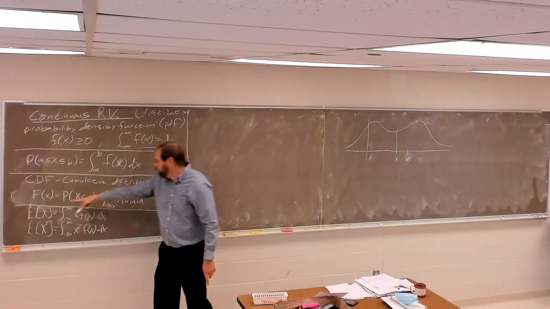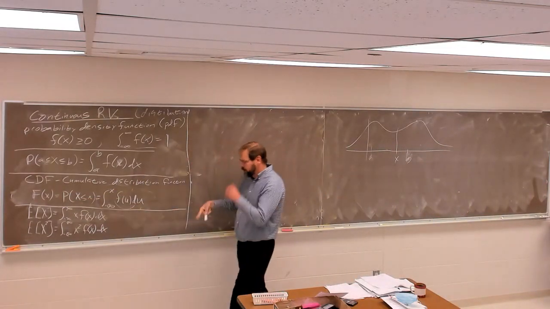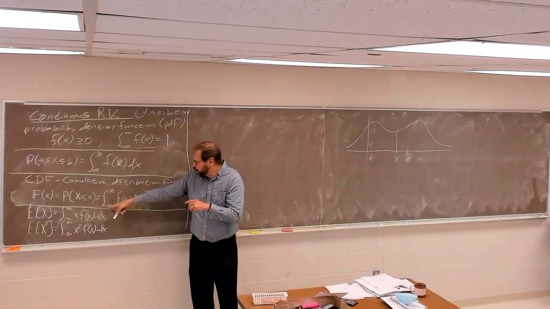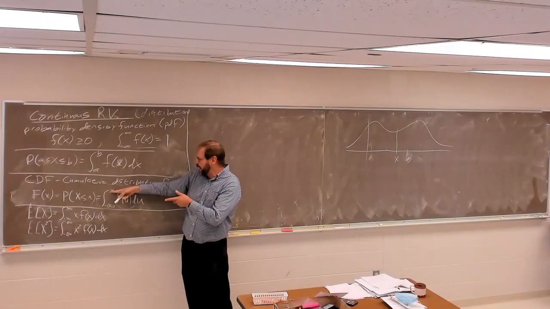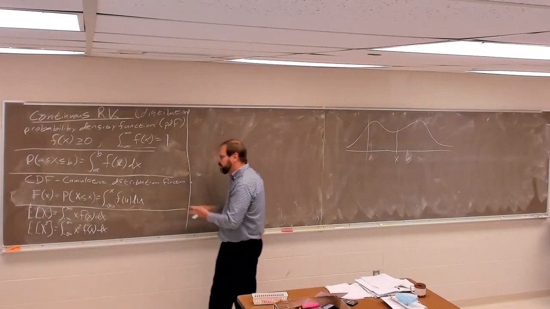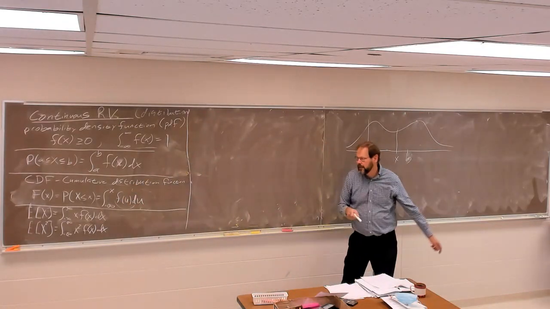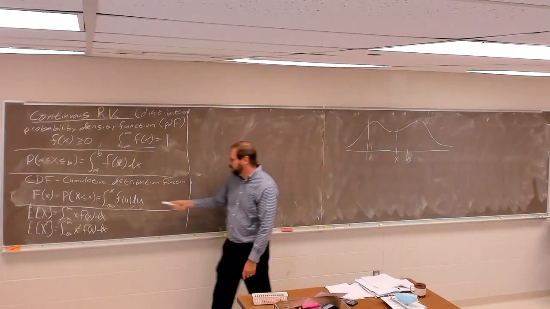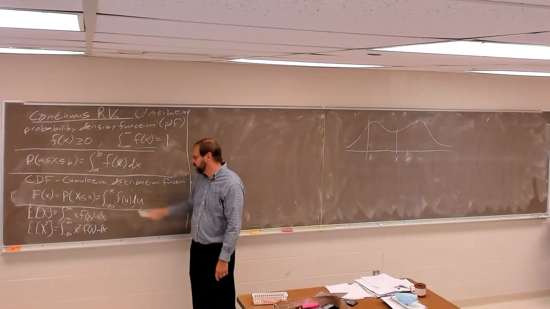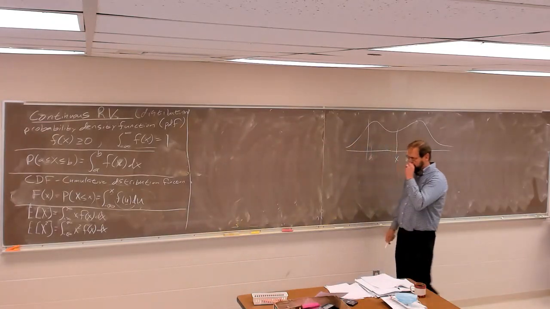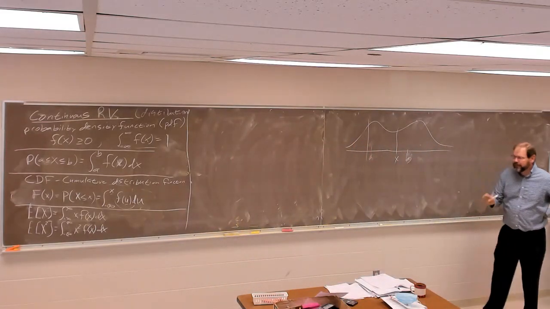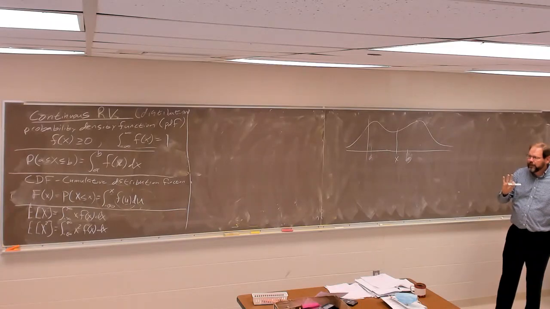I would answer that by taking the definite integral from negative infinity to x of my probability density function. It's typically thought bad form to use the same letter inside and outside, so I put a u there, but sometimes I'll break that form. I don't care that much.